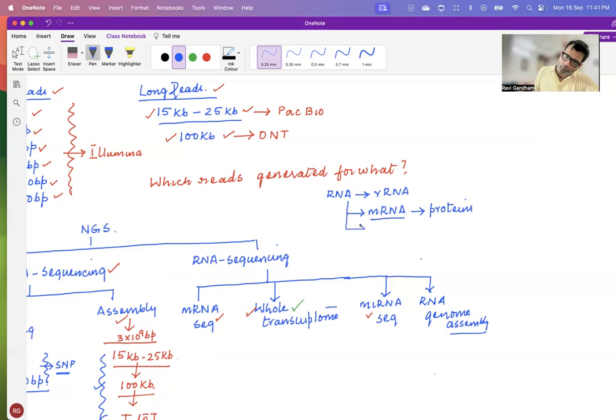Besides this, you have LNC RNA, which can directly affect your mRNA and affect the gene expression. And generally, we can do a co-expression analysis to find out the effect of LNC and mRNA together.